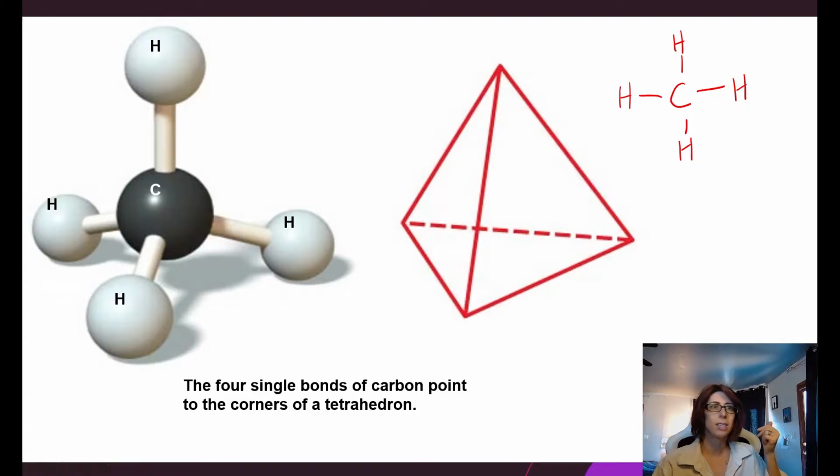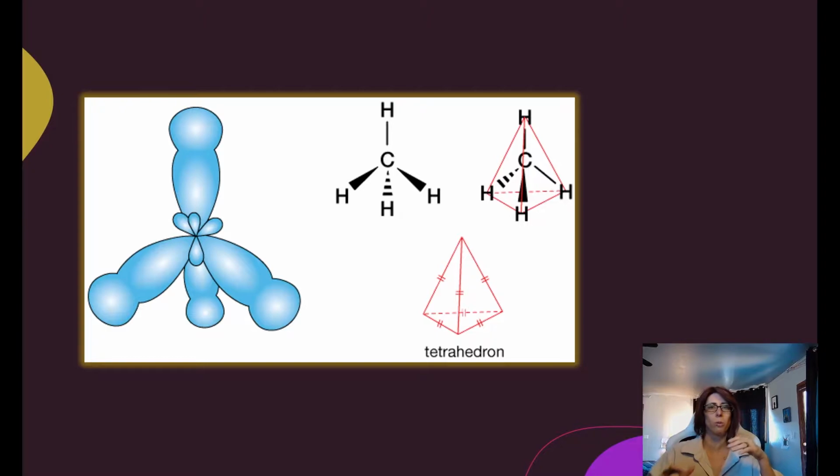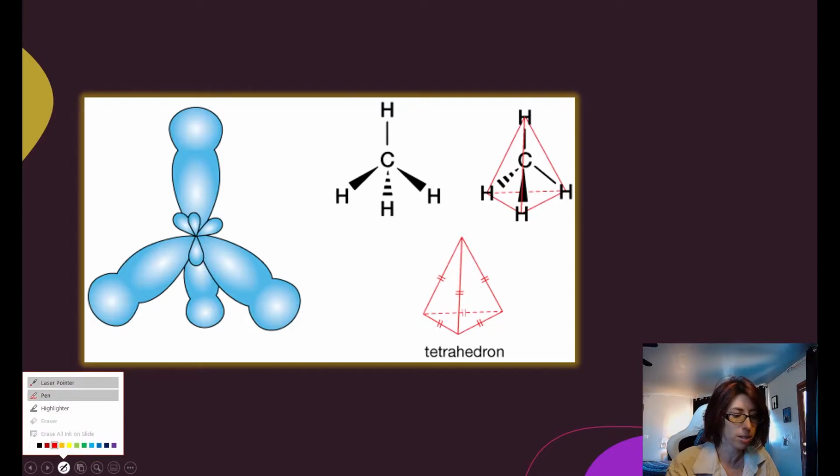So let's take a look at that, because when we're building these complex molecules on paper, like organic molecules, you want to be able to look at it and accurately understand what you're seeing on the page. So here, this is a picture on the left of carbon's electron orbitals when it's forming covalent bonds.